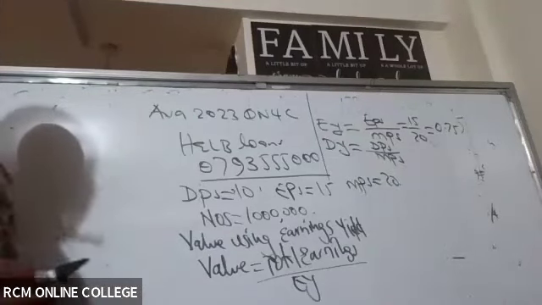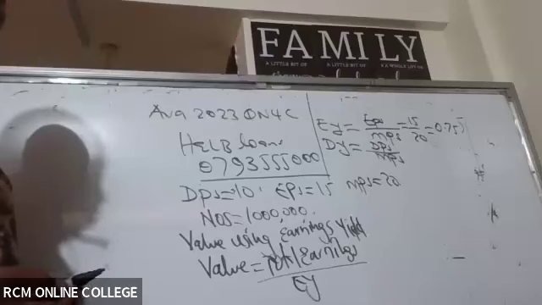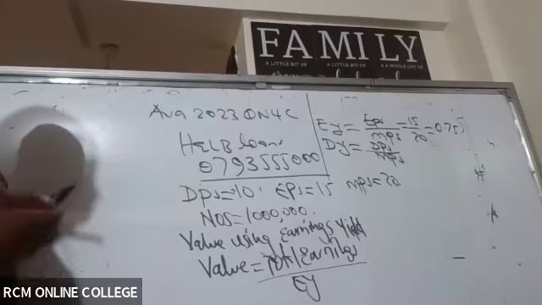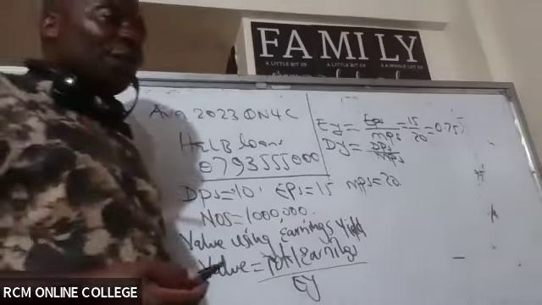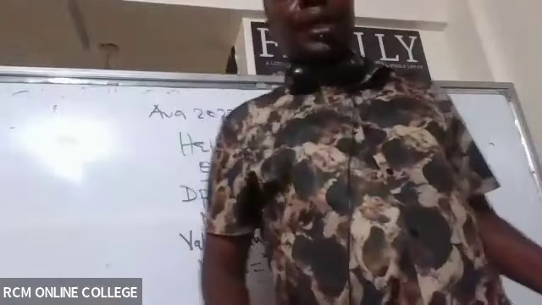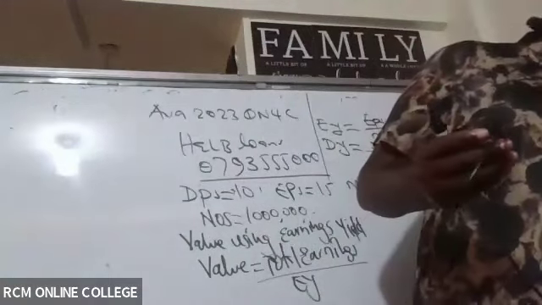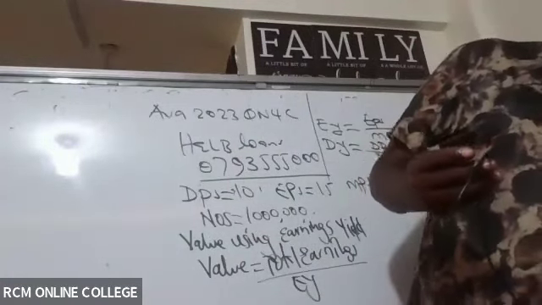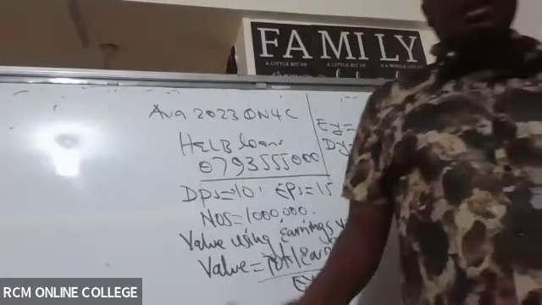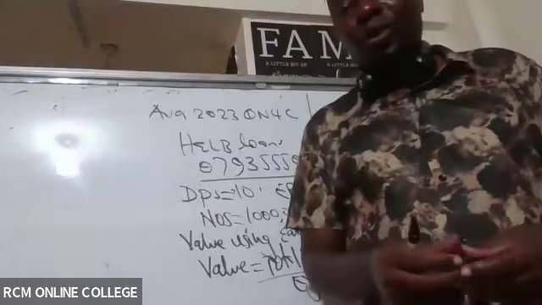Can somebody tell me in this question, what do you think shall I do to be able to get total earnings, ladies and gentlemen? Please help me out, my good students.